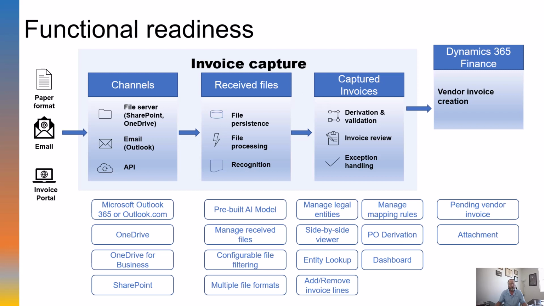Depending on how you have things set up, if it passes all your rules, it will go straight in to become a vendor invoice or pending vendor invoice inside of D365 Finance. If it fails on some of the rules, it will move into invoice review, where you are then able to manage by exception and go in there and address the different exceptions that have come up on that invoice.